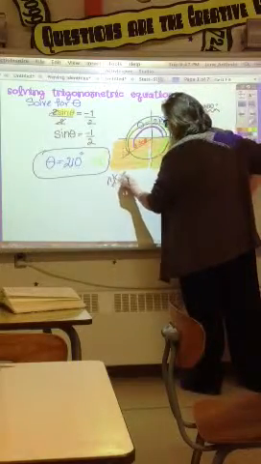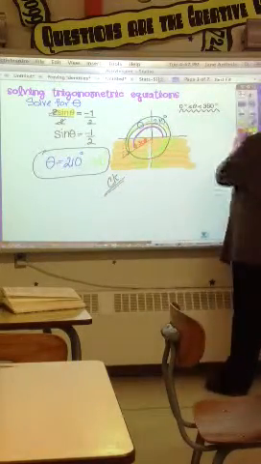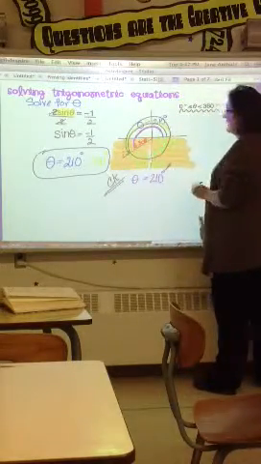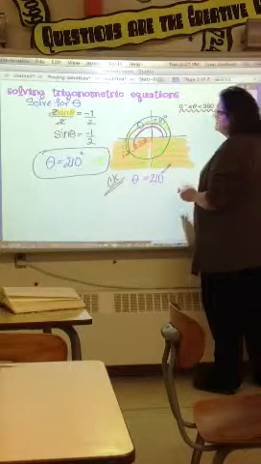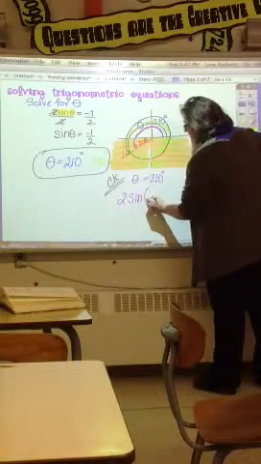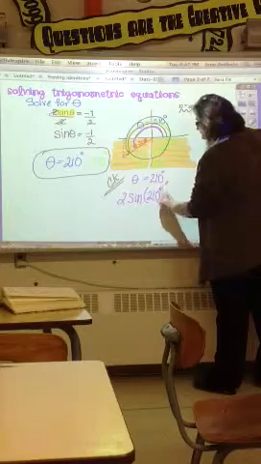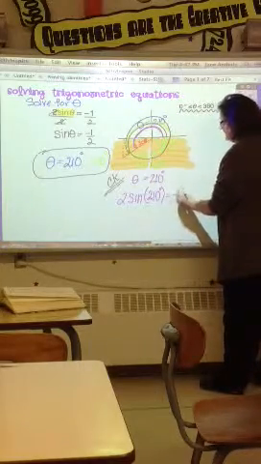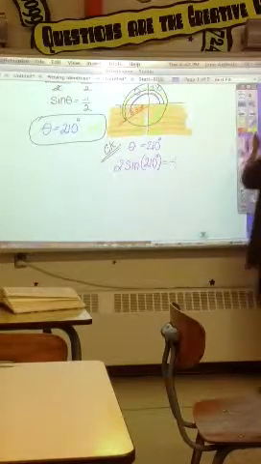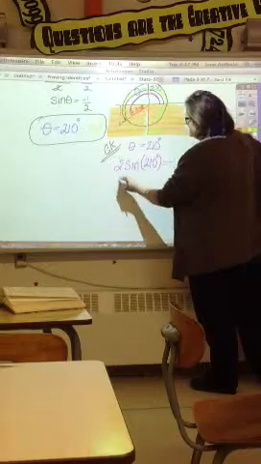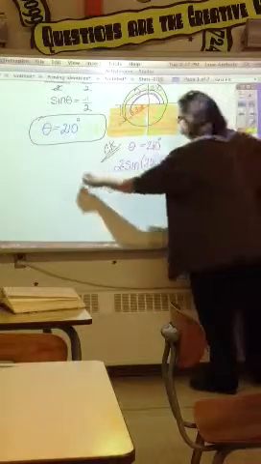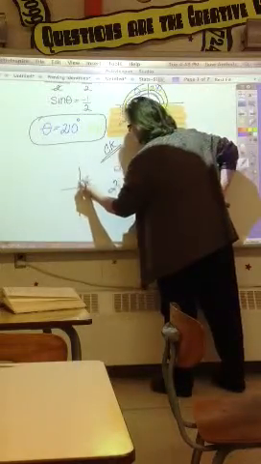If we do a check, we have two cases. We have theta equals 210 degrees. I want to make sure that that is true. So I go back to the original equation, 2 sine, and I replace theta with 210 degrees. Is that equal to negative 1? Rewriting it in terms of its reference angle, we have 2 times the sine of 210 degrees. 210 degrees falls right in here.